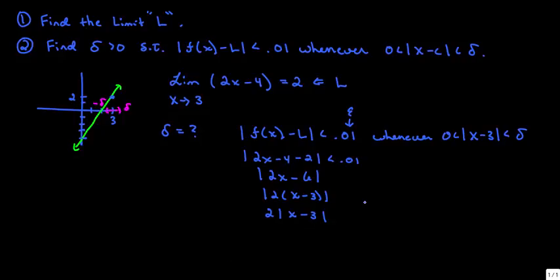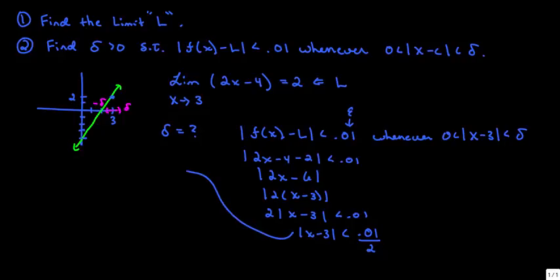Now what we're going to do is look for what x minus 3 has to be between to make sure that this guy is less than 0.01. Well, to make sure that this is less than 0.01, x minus 3 has to be less than 0.01 divided by 2. I divided by a positive, so I don't have to worry about the signs here.